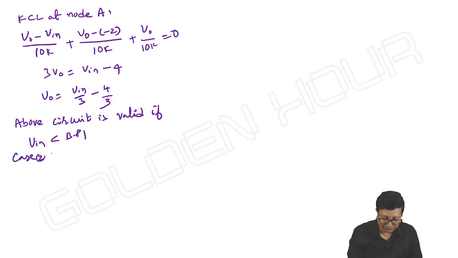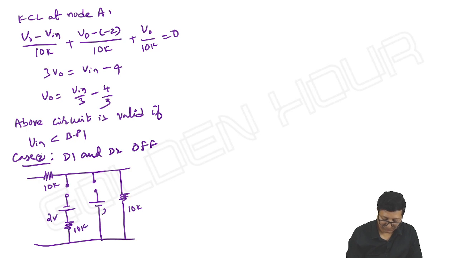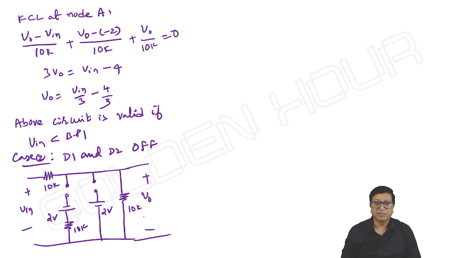Next, case 2: both D1 and D2 off. From this circuit, what is V output? V input by 2.